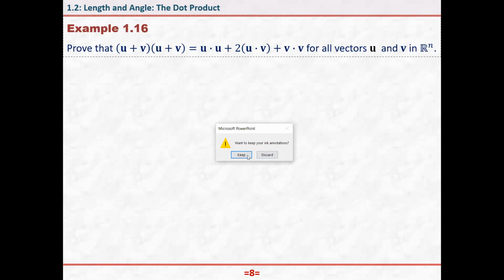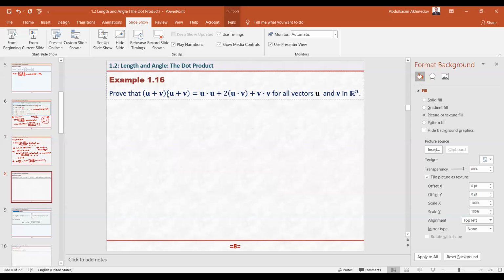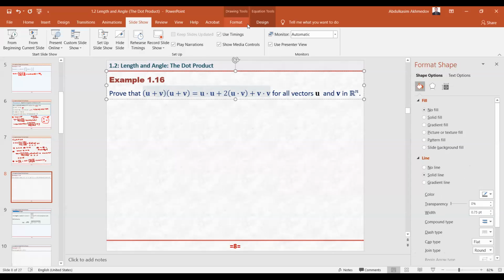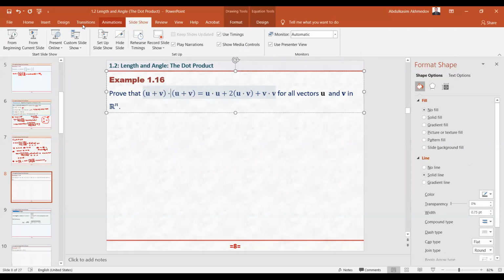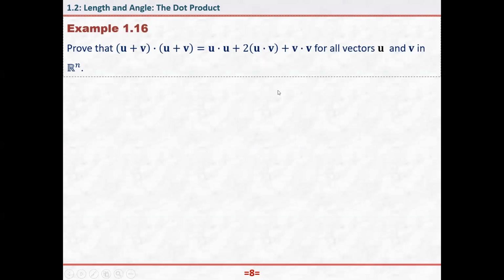Let me put it in immediately so that you don't get confused. Prove that (u plus v) dot (u plus v) is equal to u dot u plus 2 times u dot v plus v dot v.